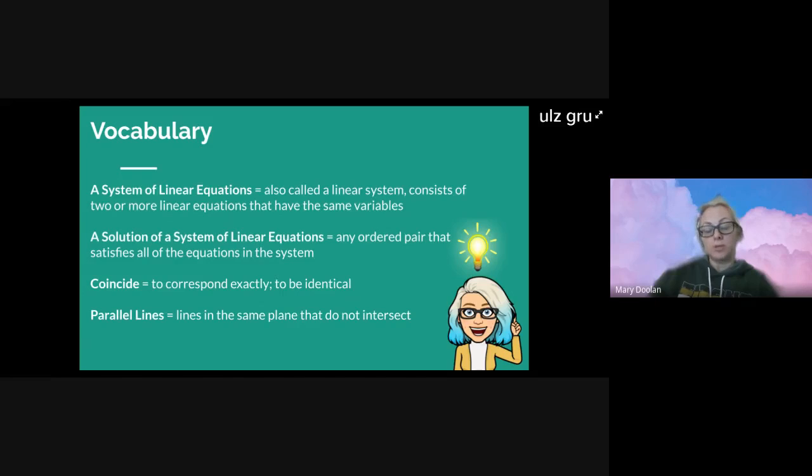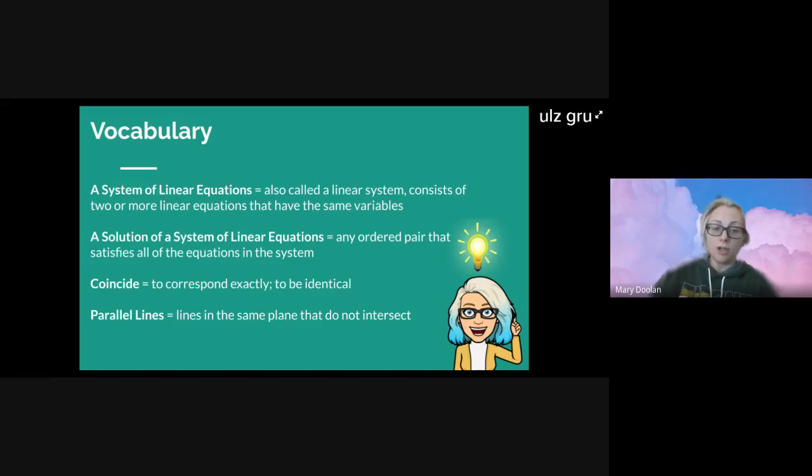The ones that we're going to be looking at have 2 variables and just 2 equations, right? And typically the 2 variables that we have are x and y. A solution of a system of linear equations is an ordered pair that satisfies all the equations in the system.